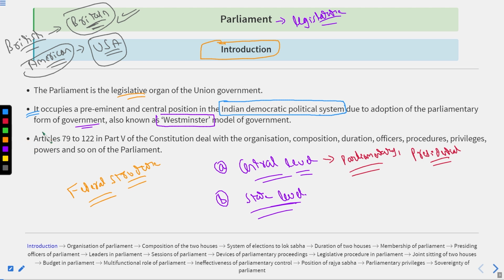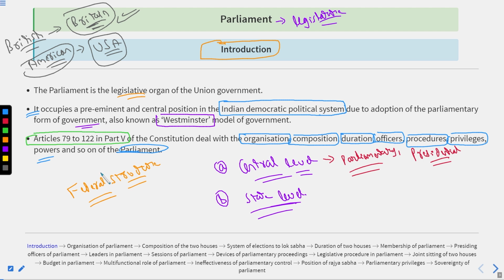There are Articles 79 to 112 in Part 5 of the Constitution that deal with several things: the organizational structure, the composition, the duration, who the officers are, the procedures, the privileges and powers, and so on regarding the parliament.